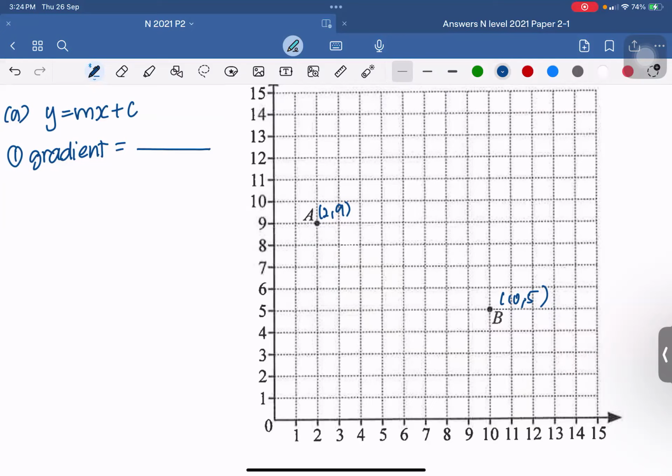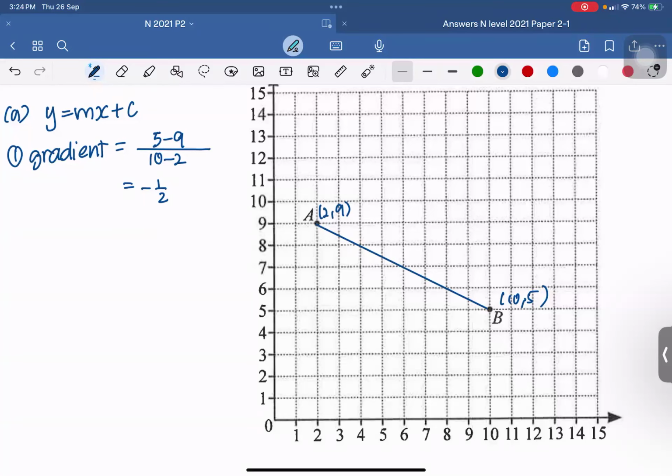Y2 minus y1 over x2 minus x1. 5 minus 9 over 10 minus 2, correct. Then we calculate the answer. This gradient is negative half. You notice the line is going downwards, so it's also a negative gradient.